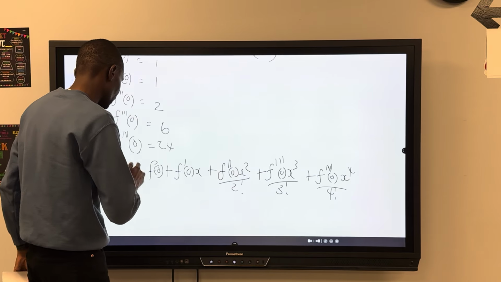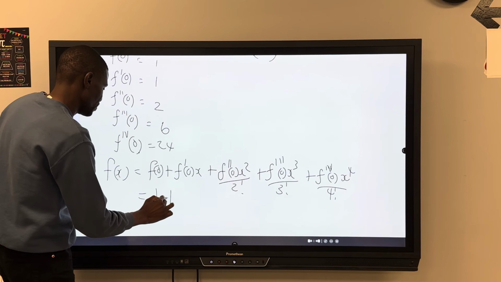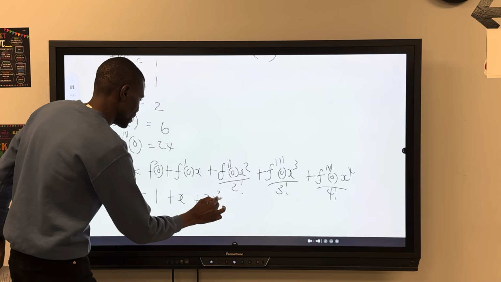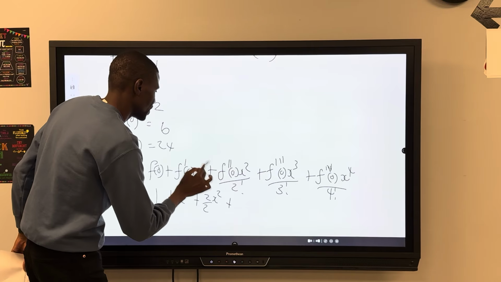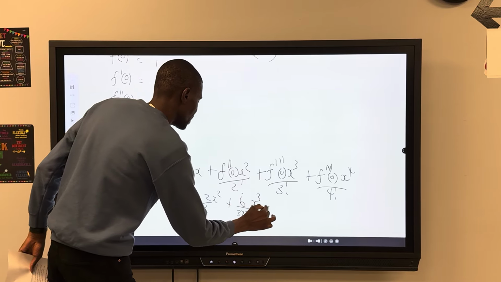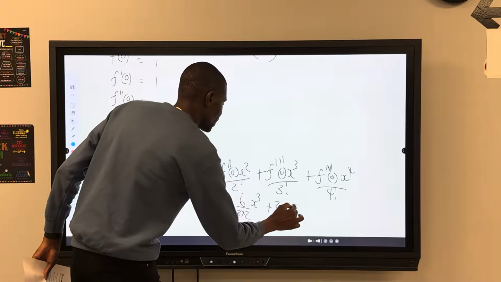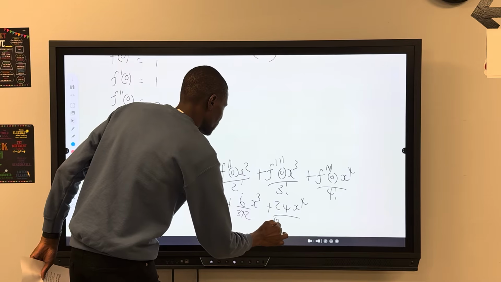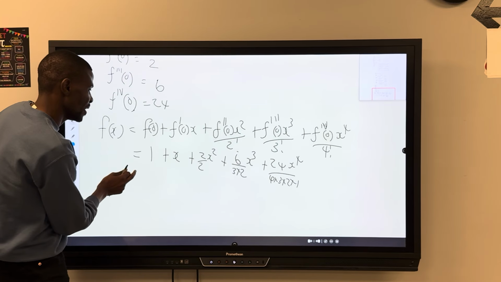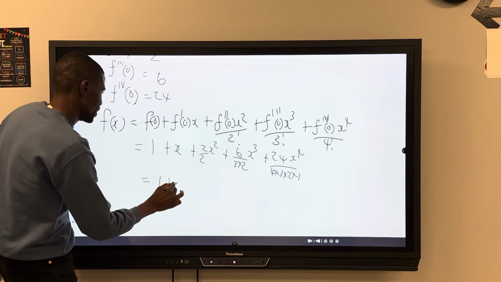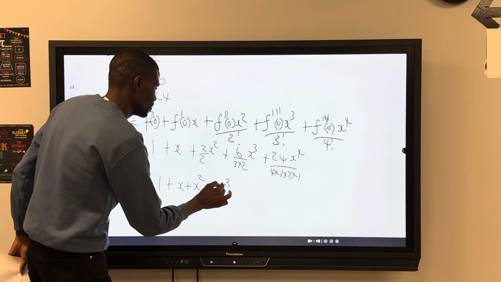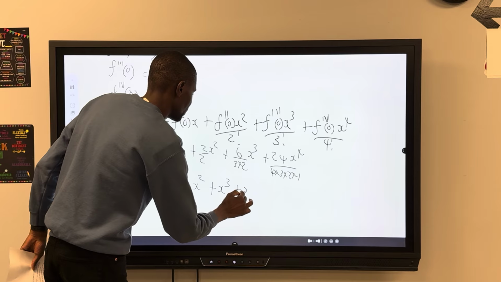So we're just plugging in the numbers, so it's just 1 plus x plus 2 over 2 times x squared plus 6 over 3 times 2 times x cubed plus 24 x to the fourth over 4 times 3 times 2 times 1. Right, so here it is just 1 plus x plus x squared, right, plus x cubed plus x to the fourth.